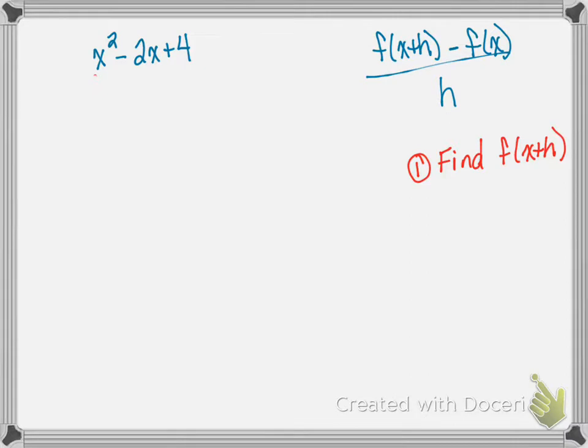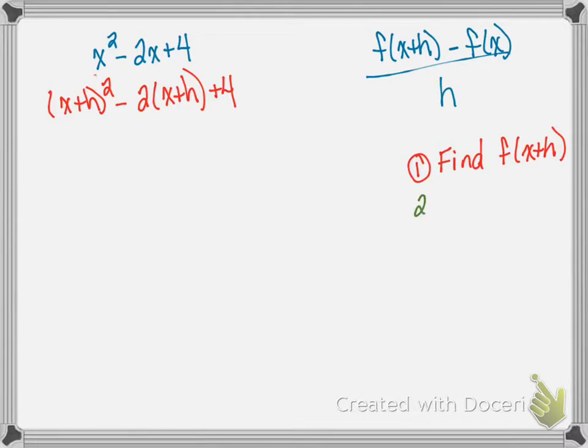So let's see what this looks like. I have x plus h squared minus 2 times x plus h plus 4. That is my first step.